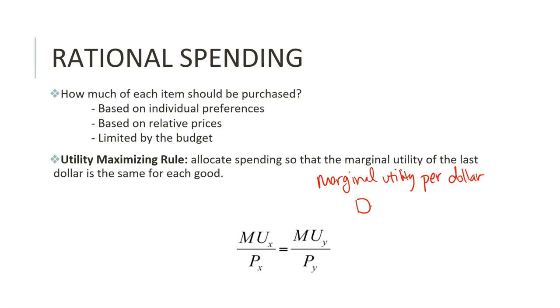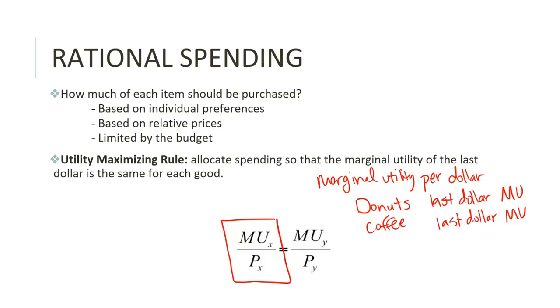And if we're buying donuts and coffee, we want the last dollar spent on donuts to have the same marginal utility, just for that $1, right? So marginal utility per dollar as the marginal utility on that last dollar of coffee. So basically your last bite of donut and your last sip of coffee are giving you that same amount of happiness per dollar.